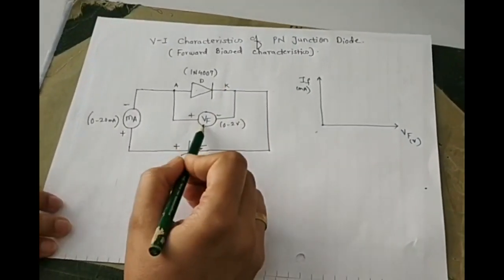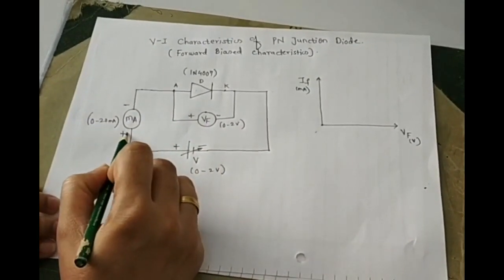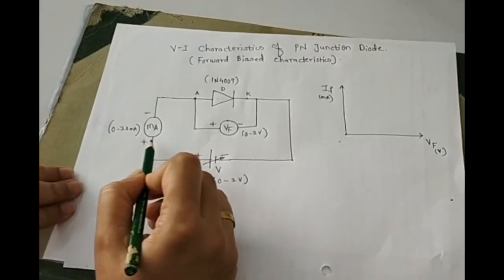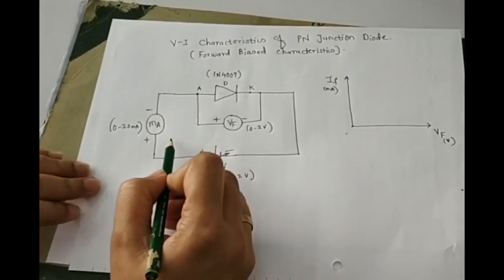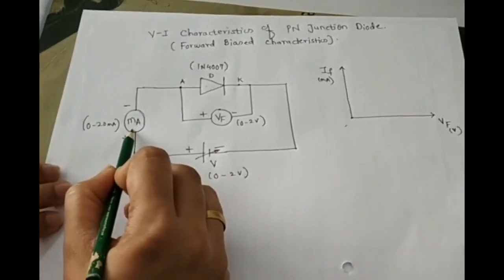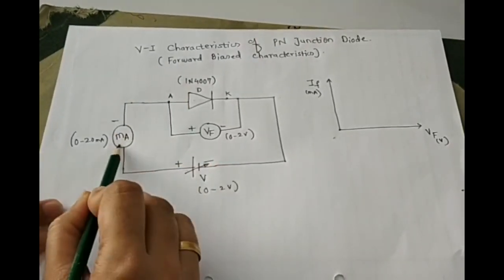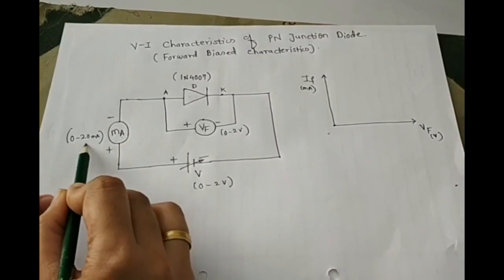Now after that, we are also going to measure the current flowing through the diode, which is nothing but the forward current. For that we are going to use one more meter, called mA, that is milliammeter, which is going to measure the current in milliamps.